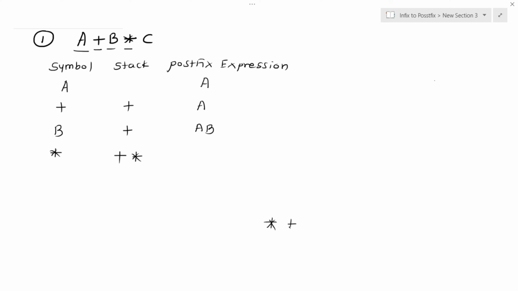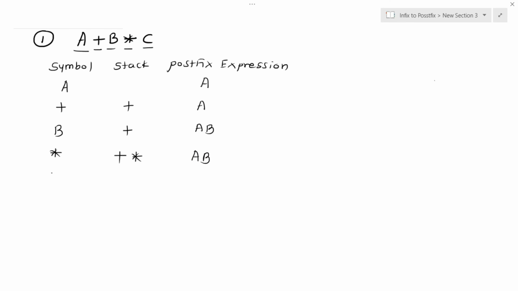So a low priority operator cannot be placed above a high priority operator. But here there is first the plus operator, which has low priority, and above a low priority operator a high priority operator can be placed. So plus and multiplication can stay together, and here the postfix expression is a and b.